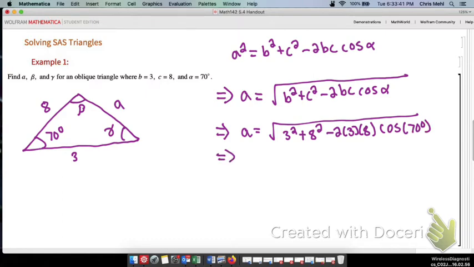I'm going to round my answer to 2 decimal places. Actually, you know what I'm going to do here? I'm going to round it to 4 decimal places, and I'll round all my final values to 2 decimal places. And making sure that our calculator is in degree mode, since we're working with degrees, we get 7.5222.